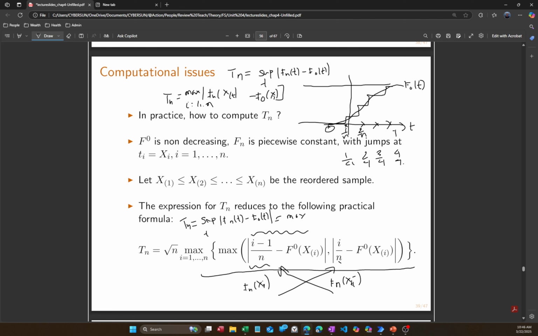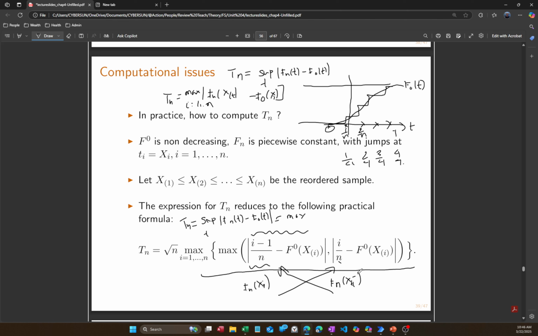Now let's simplify the calculation. Initially, it should be like this, but we are substituting it by i by n because it's easier for calculation. So what's the practical implementation of this? Think about it.